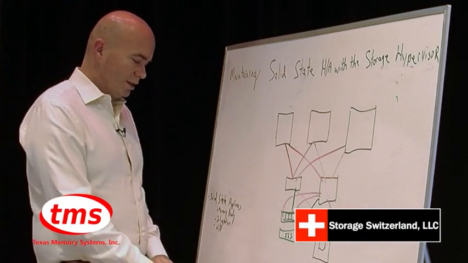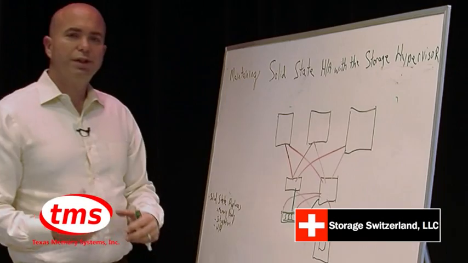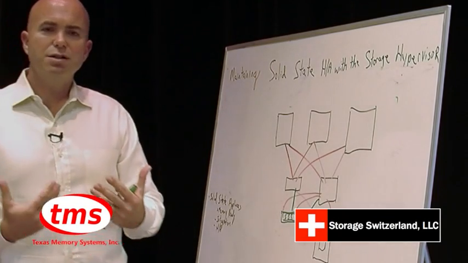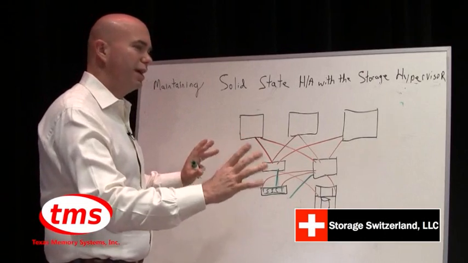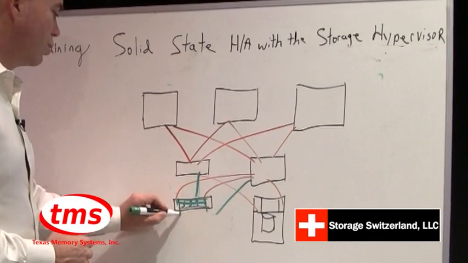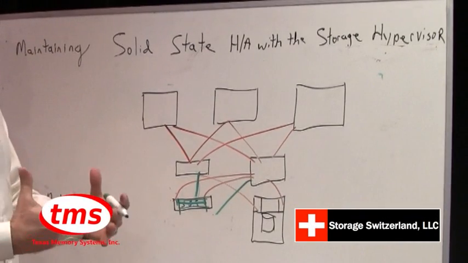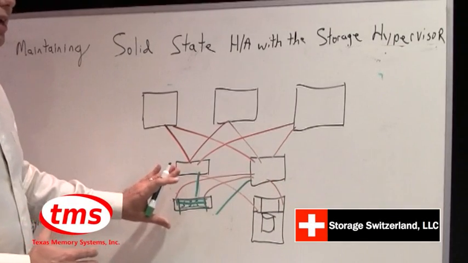Now, what we're starting to see is the capability in these multi-application environments to be able to start to see high availability options where we have dual backplanes, dual controllers, and everything is highly available so that we don't have to worry about data loss.